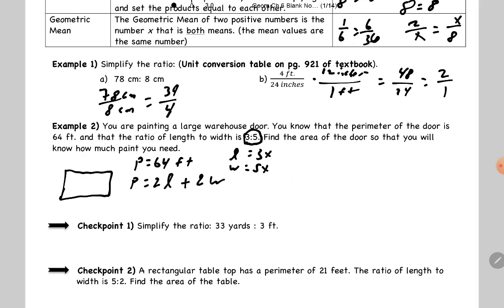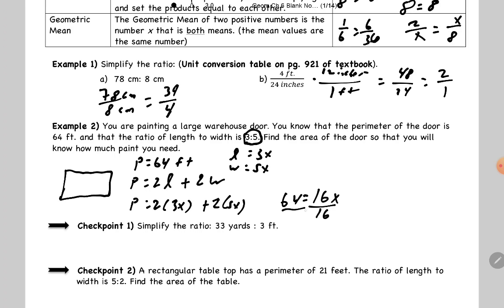Okay, so I'm going to plug it back into this formula. Perimeter equals 2 times my length, which is 3x, plus 2 times my width, which is 5x. So I will get 6x plus 10x. So the 64 feet, our perimeter, is equal to 16x.